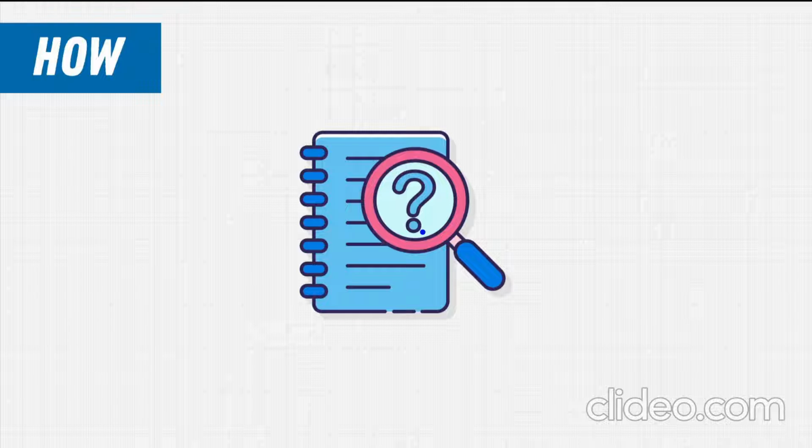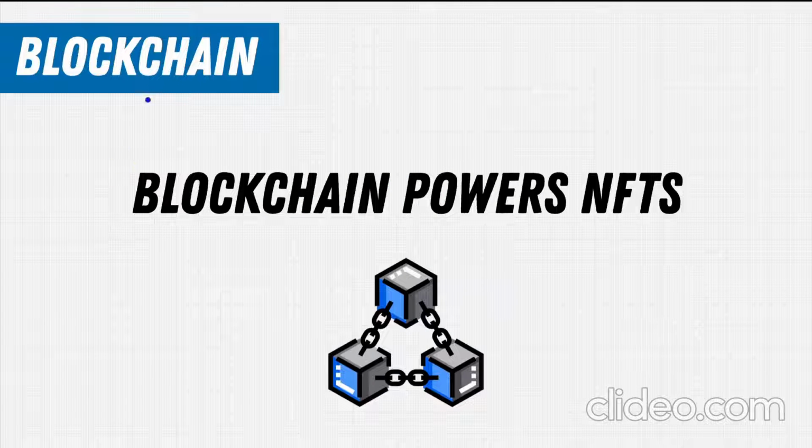The concept is the concept. NFT is a concept, a non-fungible token. But now we have to get to, well, how would people implement that? And so we get over to the blockchain, right? The blockchain powers NFTs. The blockchain technology is the backbone that we are going to implement NFTs on as a society.